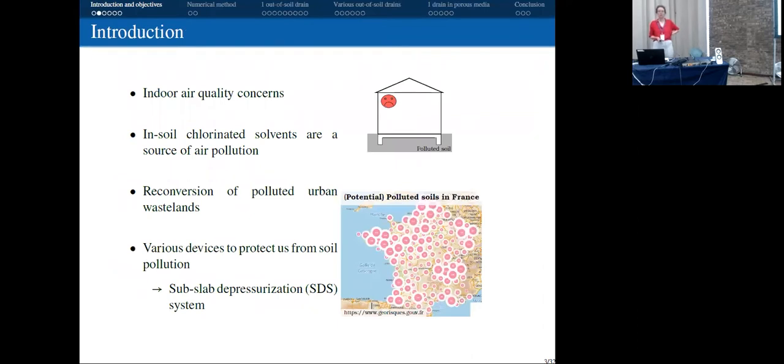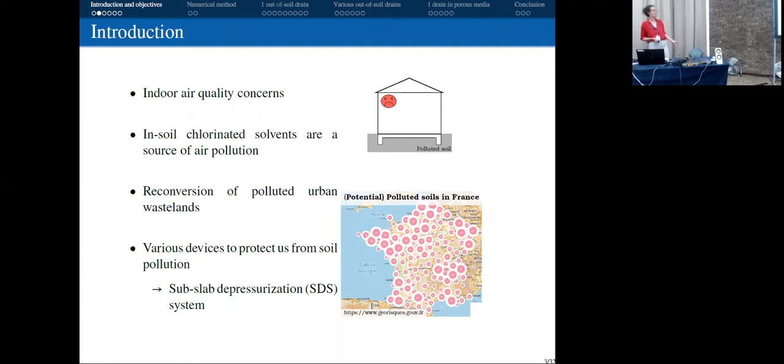We spend more and more time inside, so air quality is very important. One source of pollution inside is chlorinated solvent.